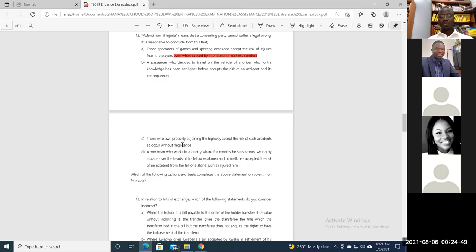Now we come back to C. As we indicated, those who own property adjoining the highway accept the risk of such accidents without negligence. Let's say your property is just by the motorway and a car runs off the road into your house.